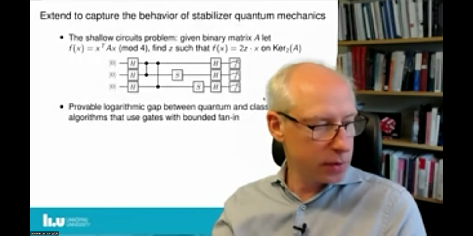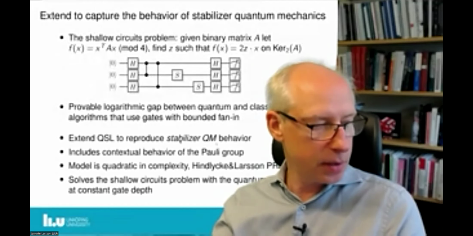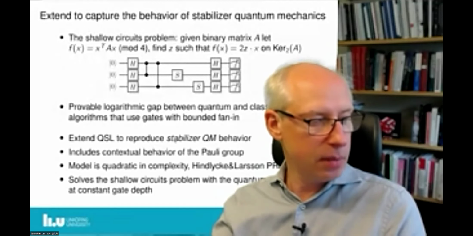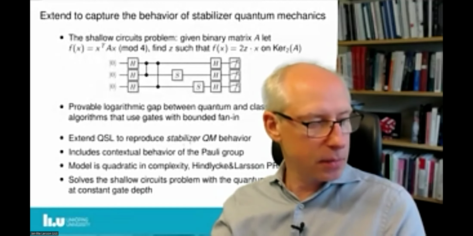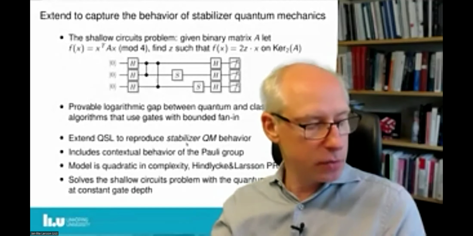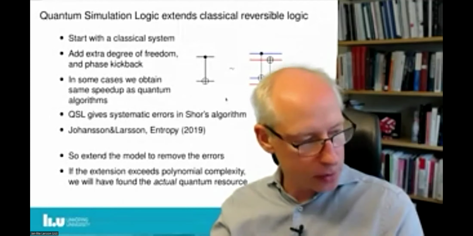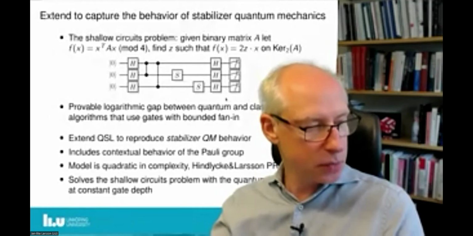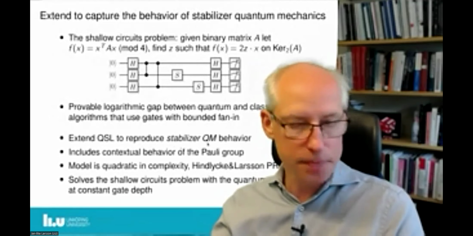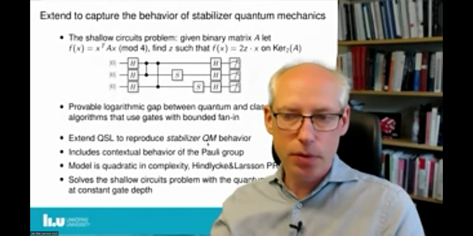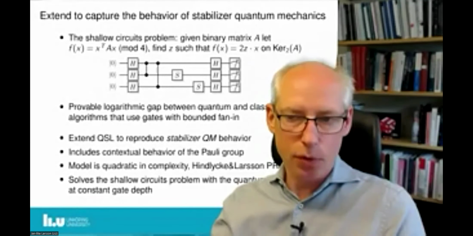And also the more complicated one here, which reproduces stabilized quantum mechanical behavior, really does obey Born's rule. The previous one has systematic errors, I should say, but this one actually reproduces all the behavior of stabilized quantum mechanics. So it's not as simple as just blaming the Born rule.